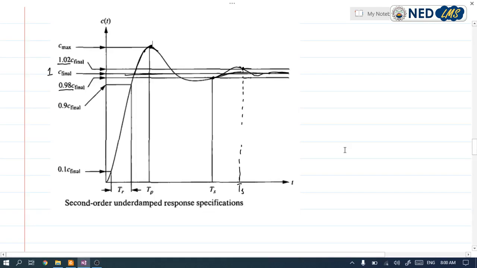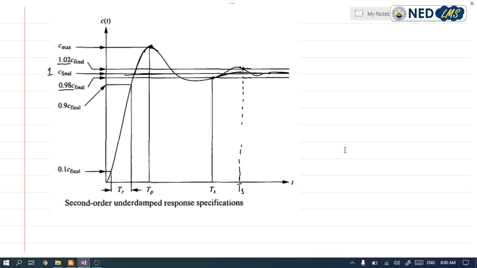And now we will evaluate these terms: rise time, peak time, percent overshoot and settling time as a function of zeta and omega n. First of all we will evaluate the value of peak time.